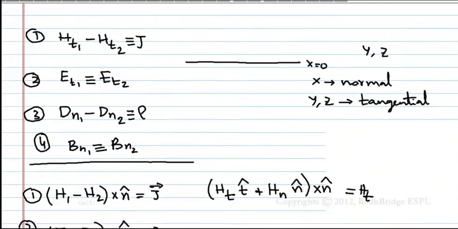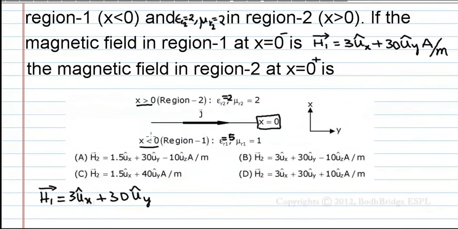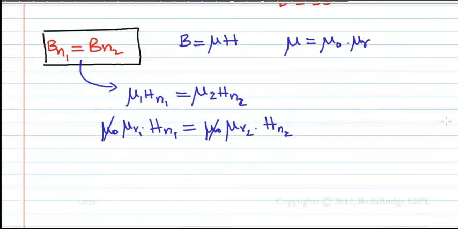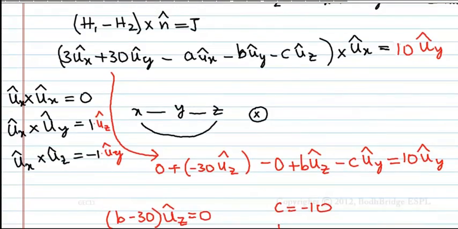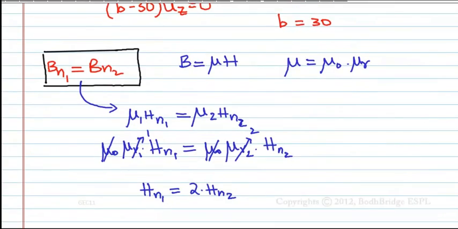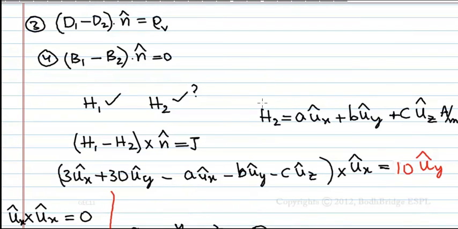Given mu r1 is equal to 1, mu r2 is equal to 2. This is 1 and this is 2. Therefore, hn1 equal to 2 times hn2. What is hn1? H1 is 3ux plus the rest. H2 is what?